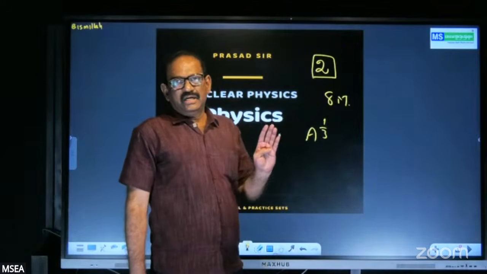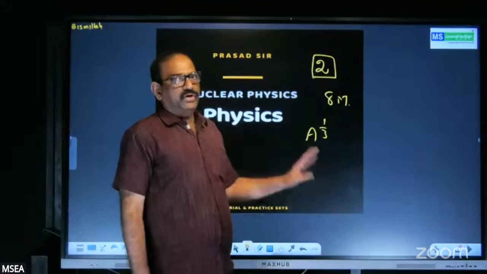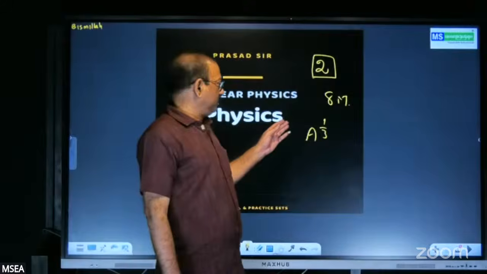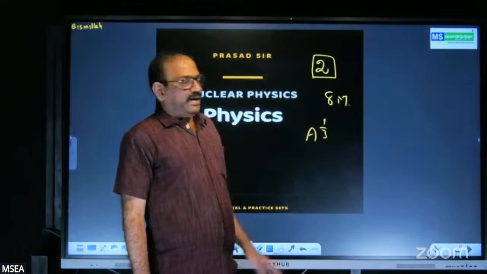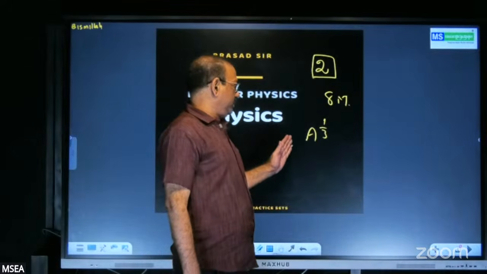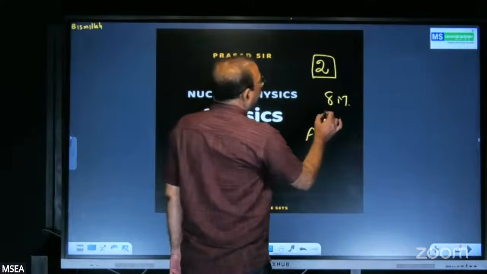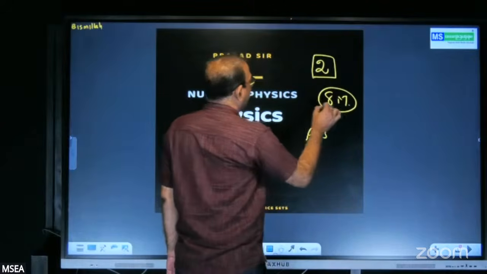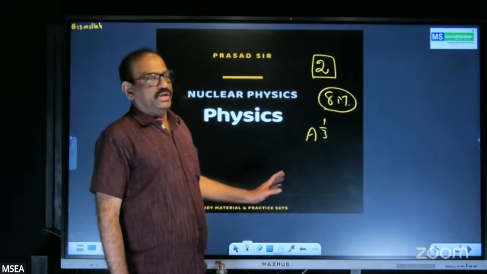Less syllabus, time consumption is less, both for preparation and even in the exam. And if proper preparation is there, this chapter is guaranteed for 8 marks. Easy scoring.